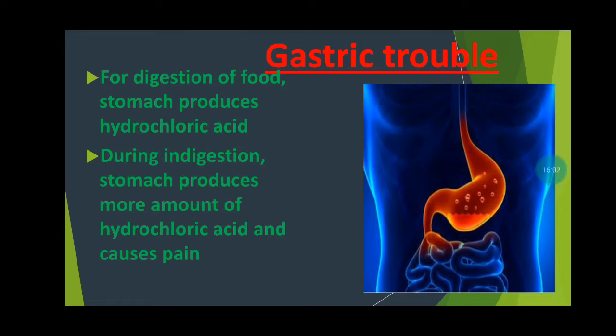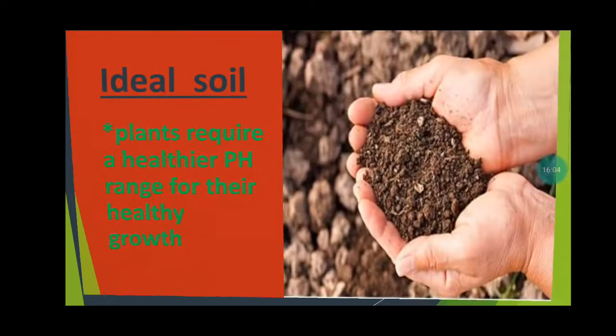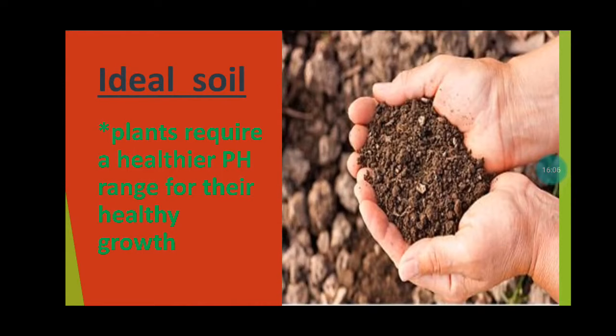Another important use of pH value in our daily life is the strength of soil, whether the soil is healthy, whether it is neutral, whether it is acidic, or whether it is basic. If the soil is healthy, it should be neutral. If it is an acidic soil, the plants cannot grow well.